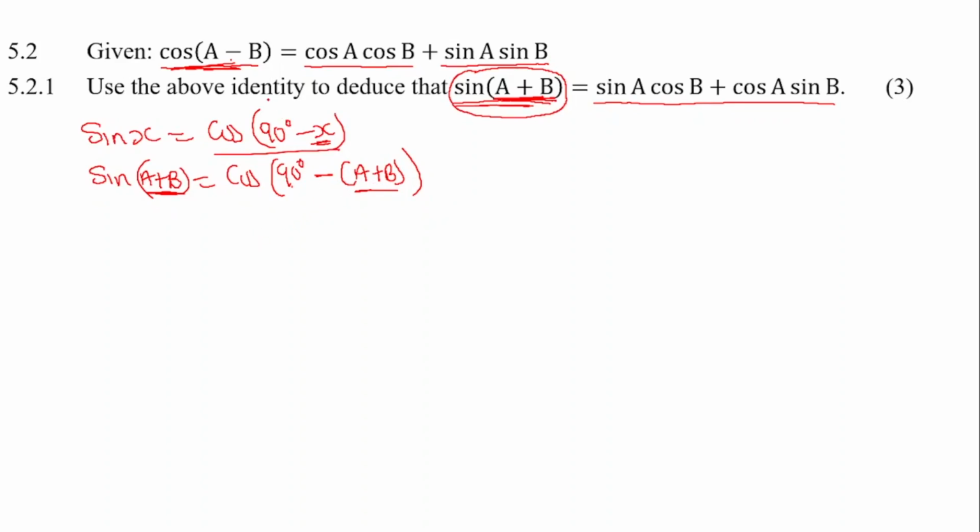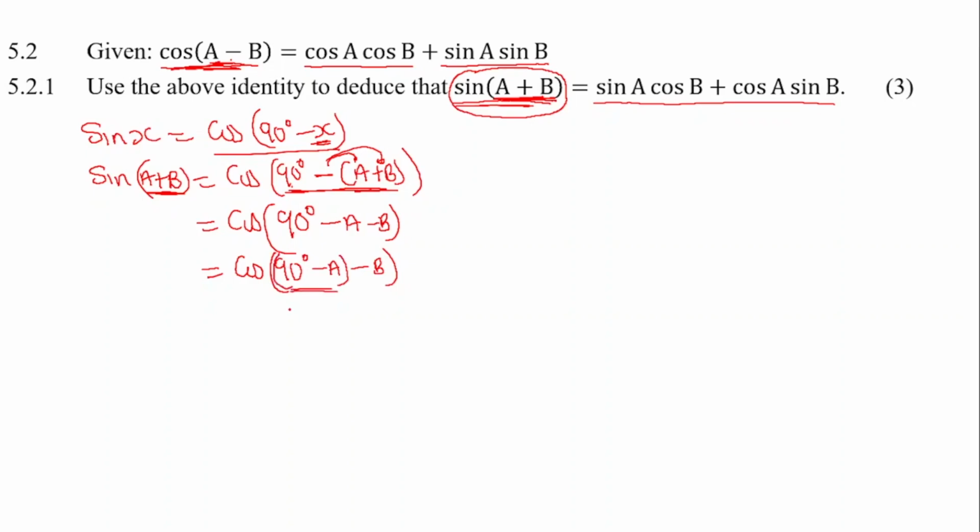We want it to be cos(a minus b), so we can rearrange inside this bracket again. We can say this is cos(90 minus a minus b), after distributing the negative 1 there. Then this becomes cos((90 degrees minus a) minus b), and we can put this in a bracket and treat it as one thing.